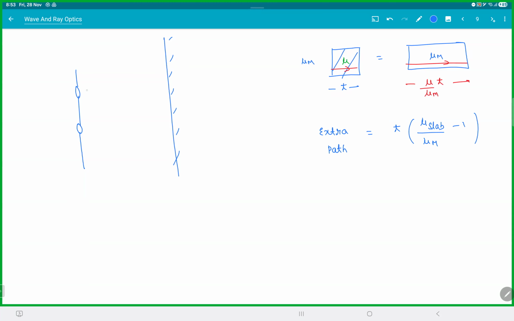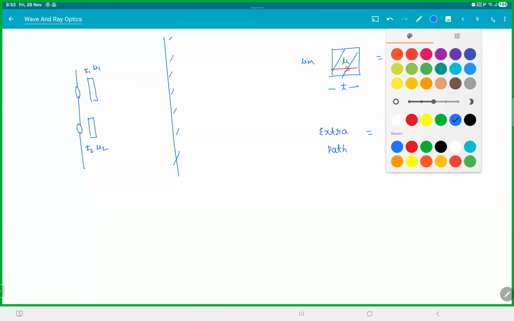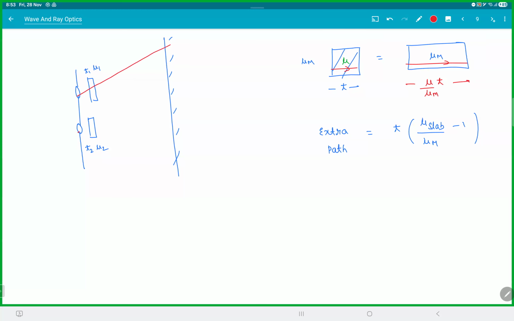Now when you put a thin slab in front of it, T1, mu1, you should check out the notes in case you want a more detailed derivation. T2 and mu2. The story is the same. You still want to find the path difference. One light ray is going like this and the other light ray is going like this. The ray going from S2 to P passes through a slab, so there is an extra distance.